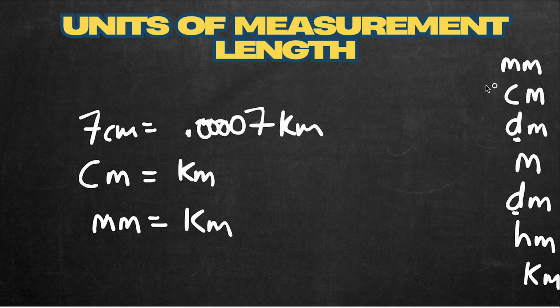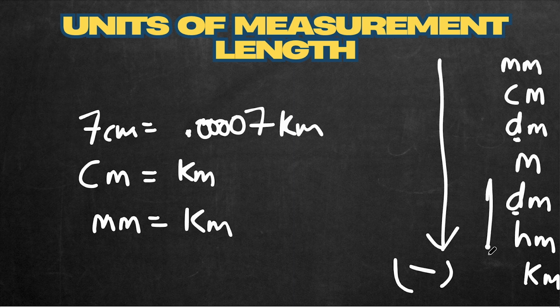If you are trying to go this way, you reduce zeros. So for example, if you have MM and you're trying to find DM, you reduce zeros. And if you are going this way, you increase zeros, 1 zero at a step. Easy, right?